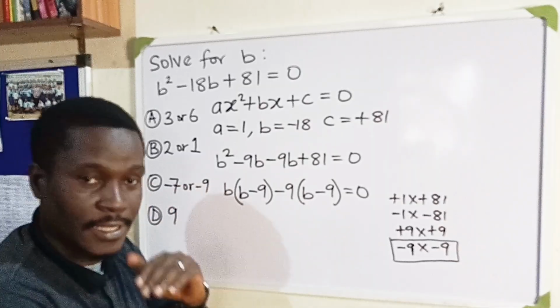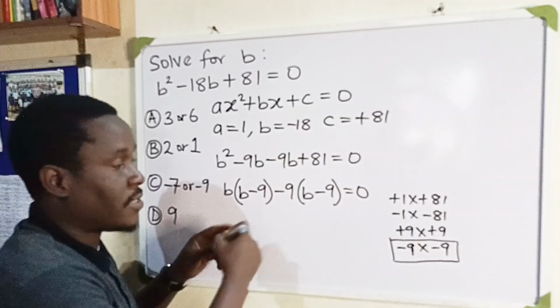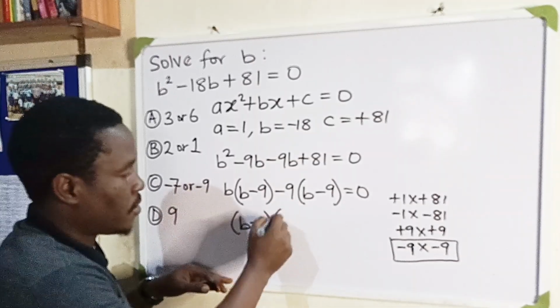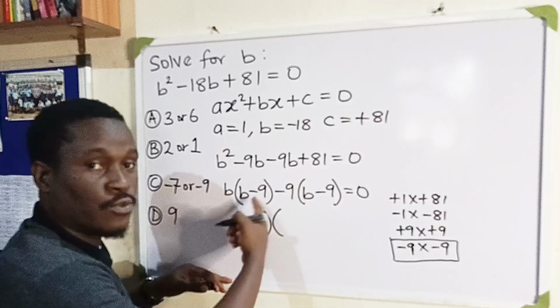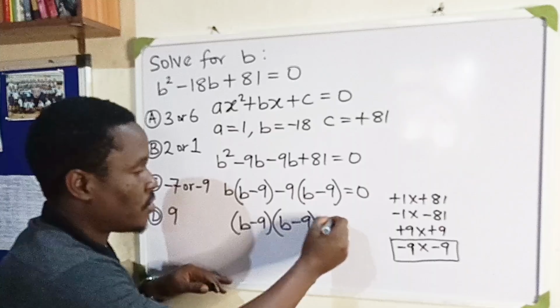Once you confirm that those two parentheses have the same values, you pick the values outside the parenthesis, b minus 9, and then you pick either of the two values in the parenthesis, b minus 9, is equal to 0.